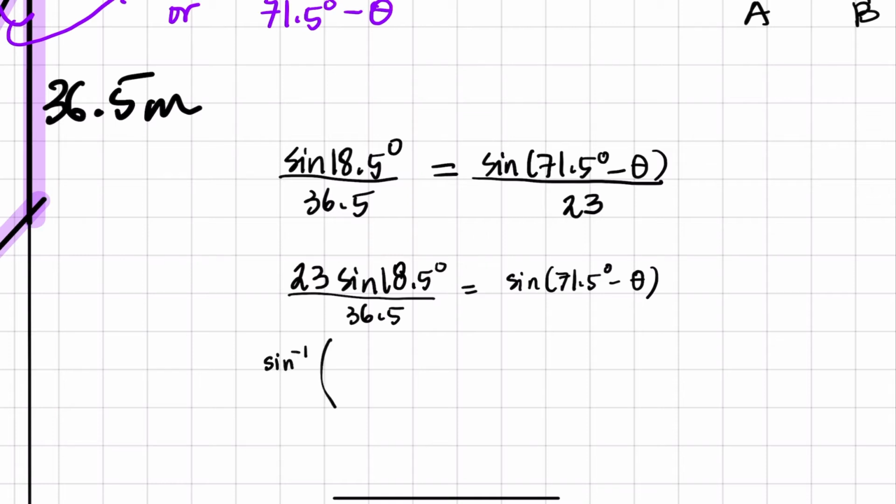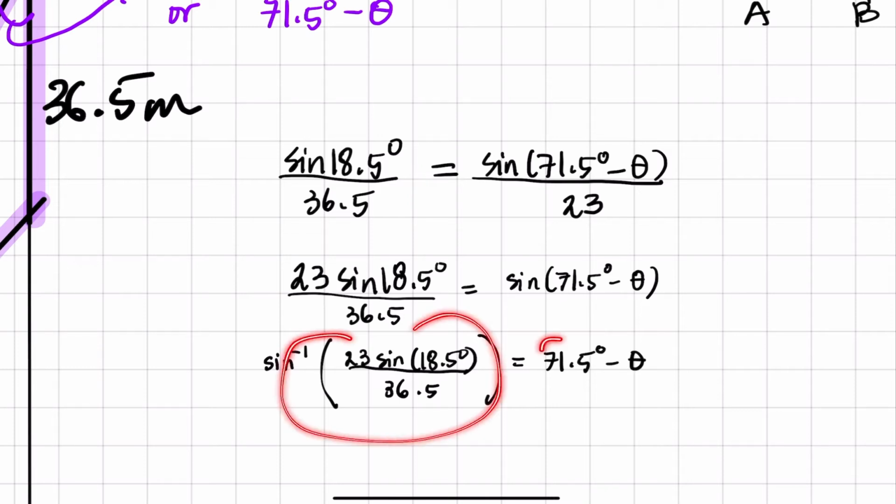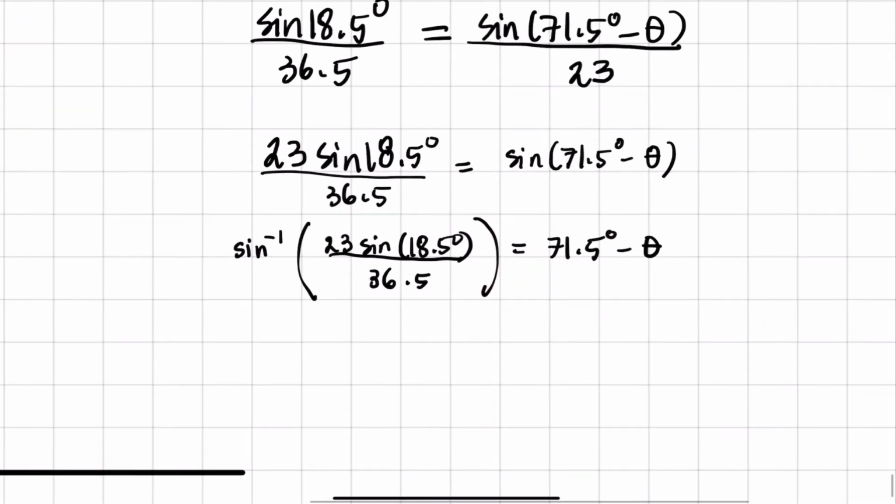Sin inverse ng 23 sin 18.5 divided by 36.5 equal yan sa 71.5 minus theta. Number lang to, number ito. So, makukompute na natin yung theta. Okay, nag-sin inverse ako dito, kaya magka-cancel out yan.